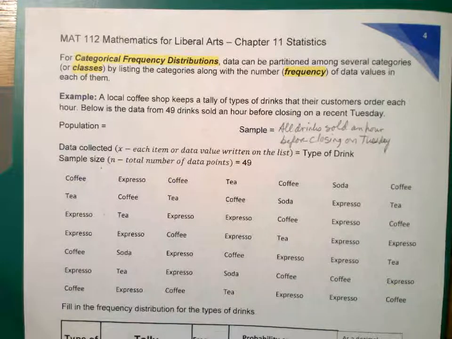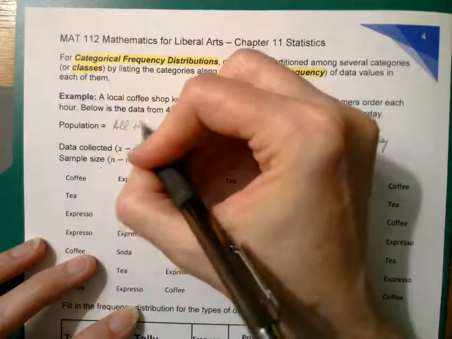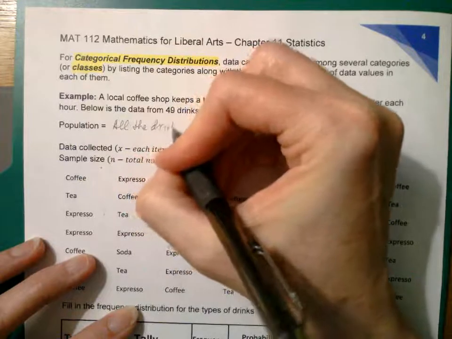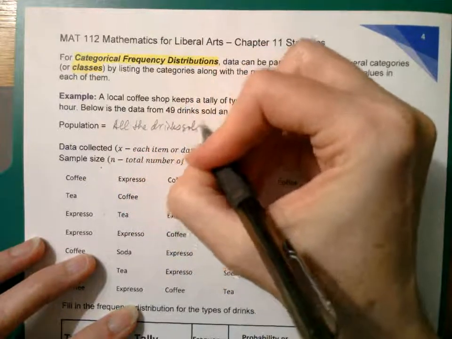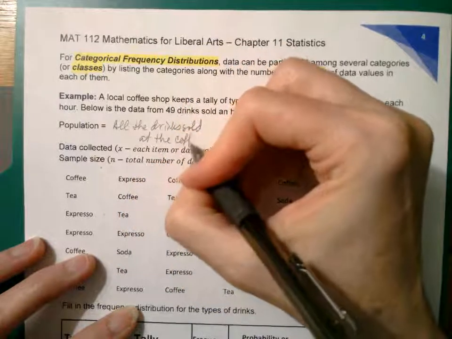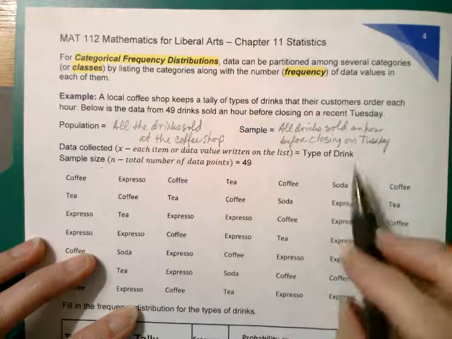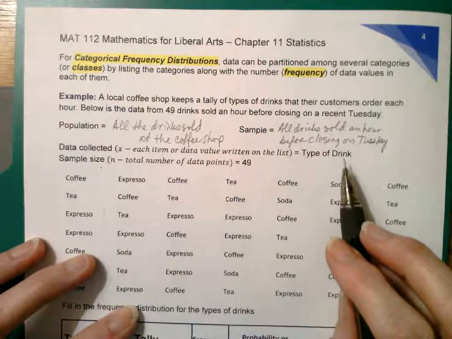But really, if you think about it logically, the population is all the drinks sold at the coffee shop. So their purpose is to sample the drinks sold at the coffee shop.